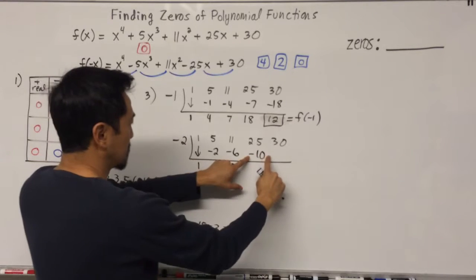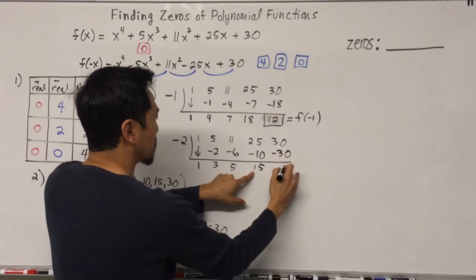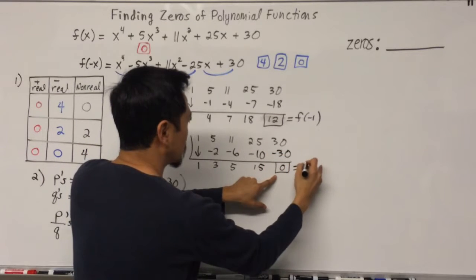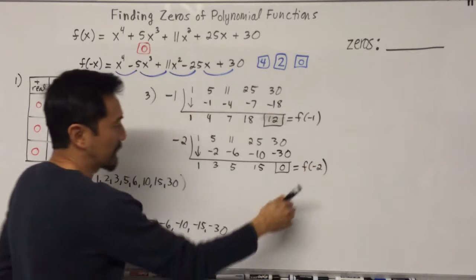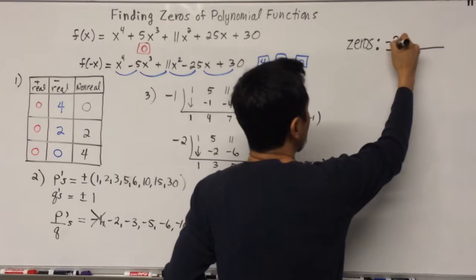Okay, so now multiply, and then voila, we get 0. Okay, so f of negative 2 gives us 0, which is what we want.